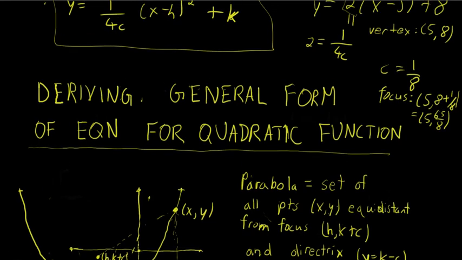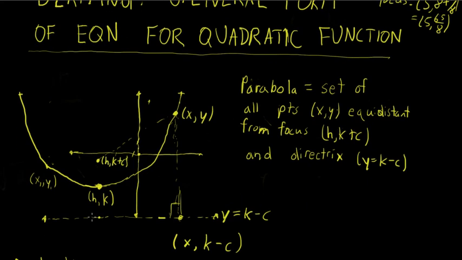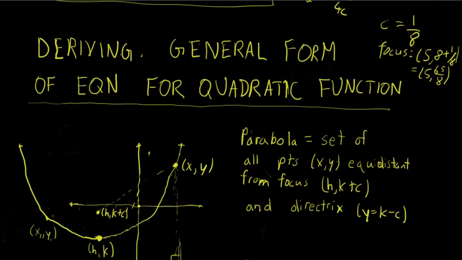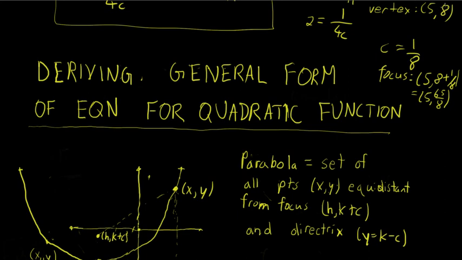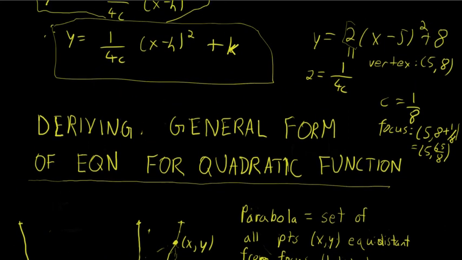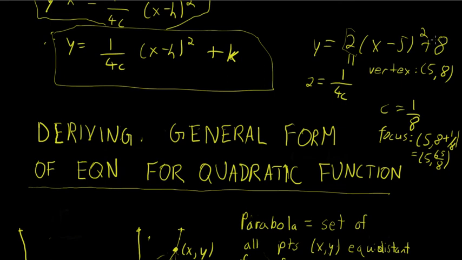Now what about the directrix? Well, the directrix is the line y equals k minus c. So if k is 8 here, then we know the directrix, I'll just write it here, is going to be the line y equals k minus c. k is 8, right?